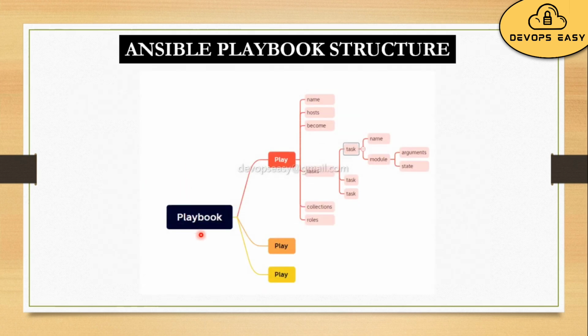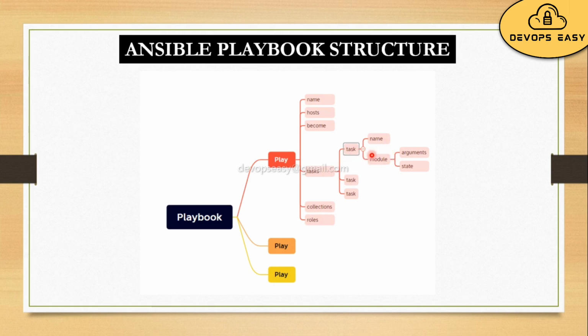Same thing here. Inside the playbook, you can have multiple plays. Inside the play, you will have name, hosts, become. Inside tasks, you will have multiple tasks, and there will be roles as well. We have not gone into roles. We will learn about roles in upcoming sessions. Inside the task, you will have a name.